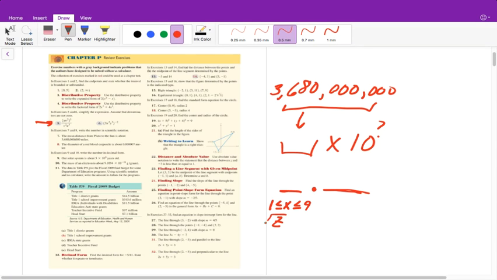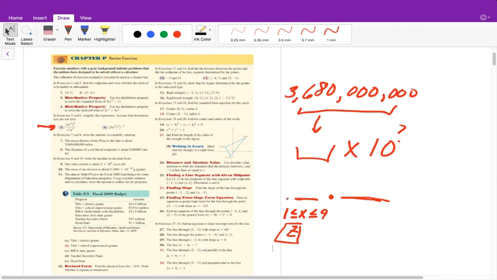So it means it can only be whole numbers. But this needs to be some number greater than 0, so it can't be 0. We want to have some digit there other than 0, but it also can't have 2 digits. That's why it can't be 10. We only want 1 digit there.